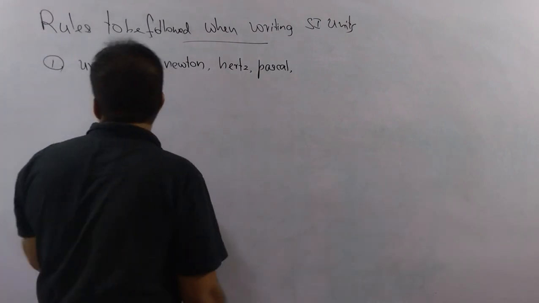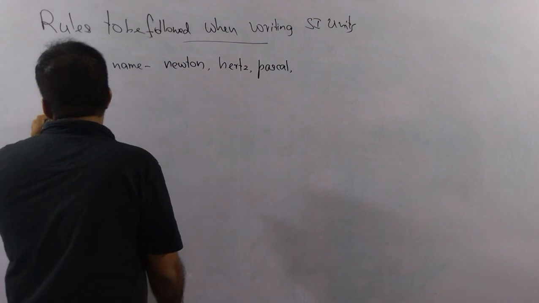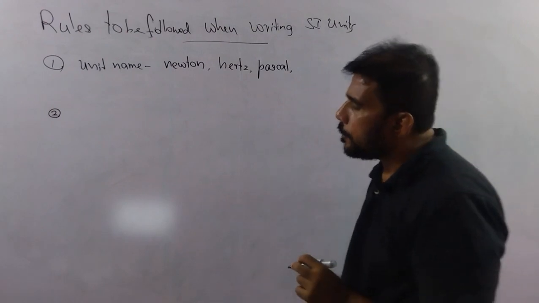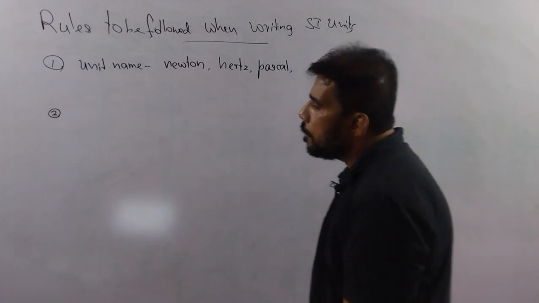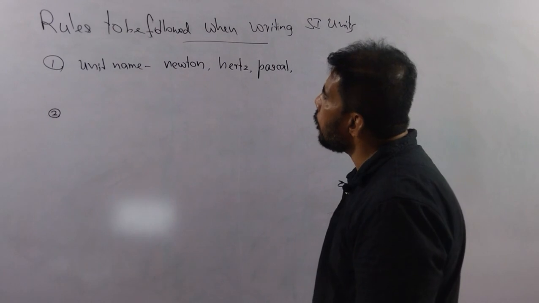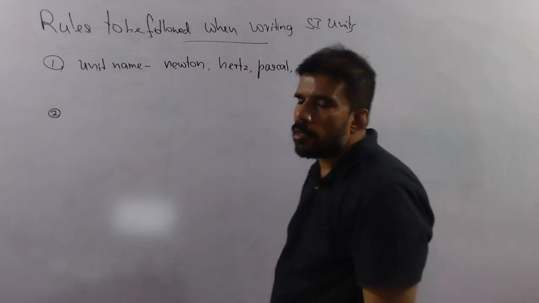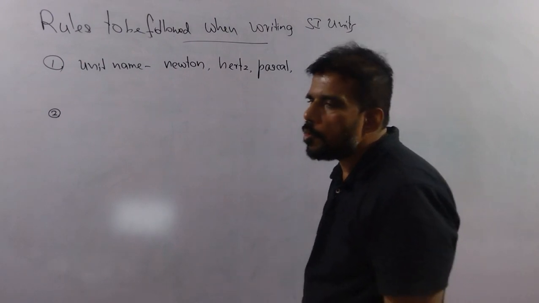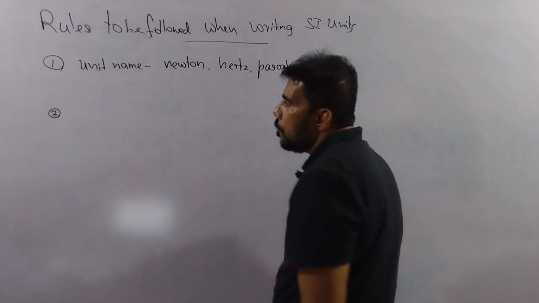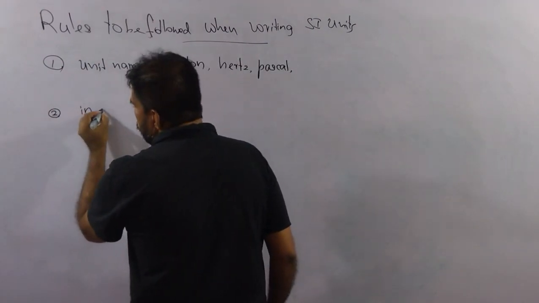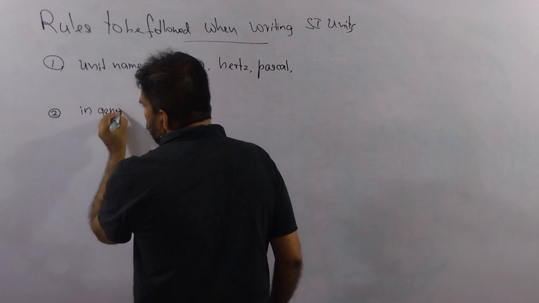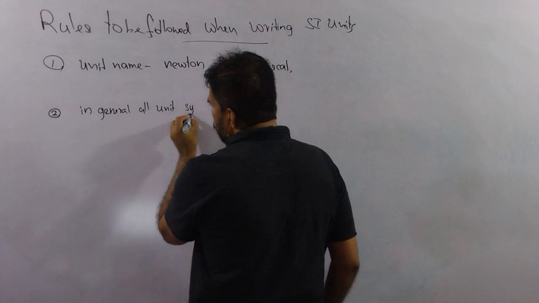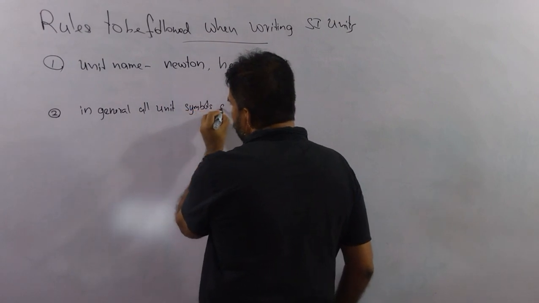Next thing is, all unit names, if it is not a specific derived name or a scientist's name, then all unit symbols are simple. In general, all unit symbols are simple letters.